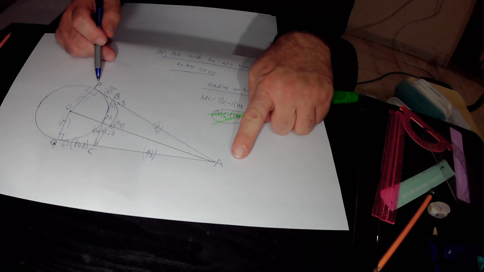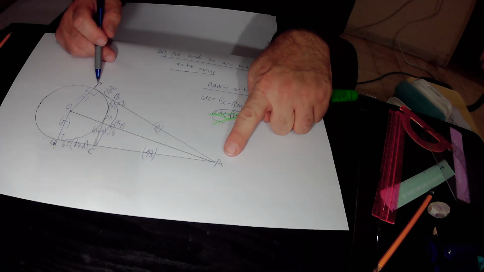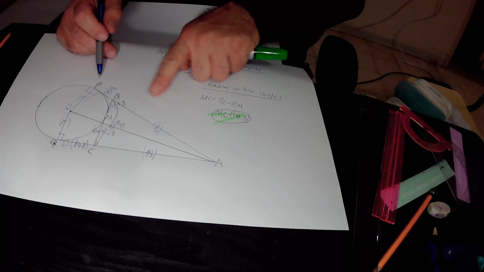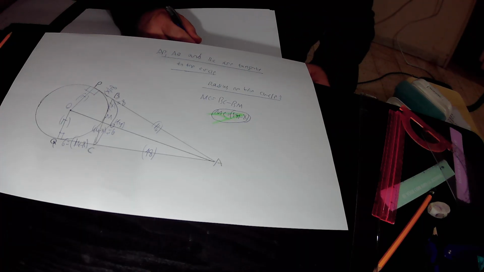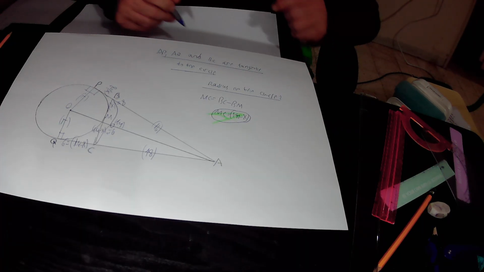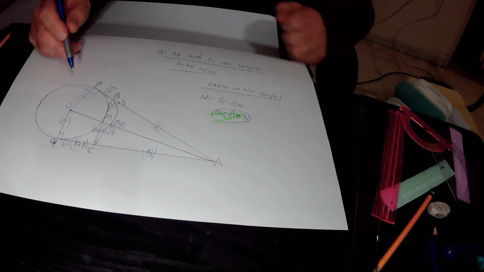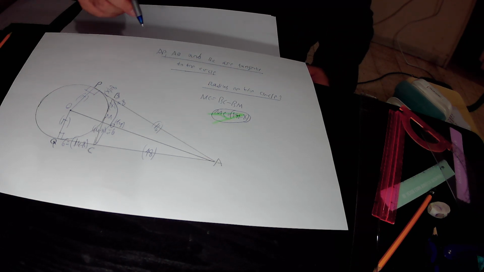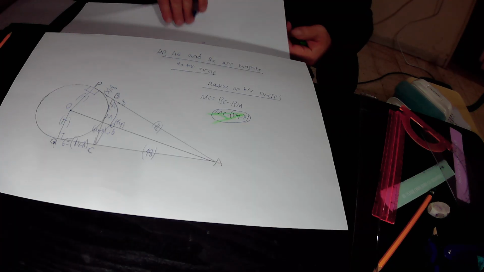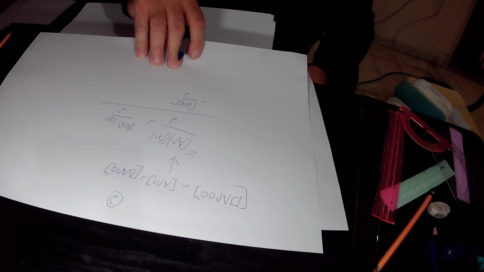AP equals AB, that is 16, plus BP, that is 8. 16 plus 8 is 24. Times the height PO, that is R, over 2. So in total, the area of this upper right triangle POA is equal to 24R over 2.